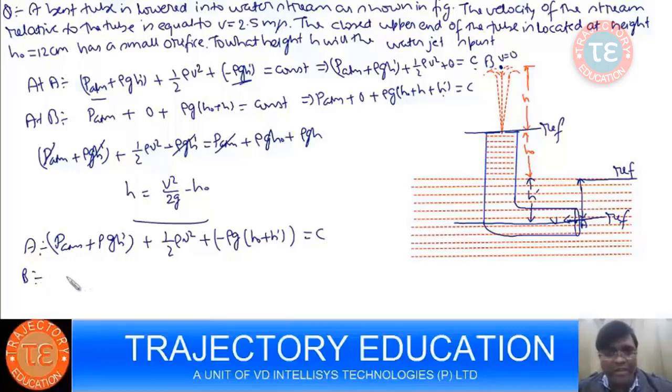And at point B you have P-ATM plus 0 plus rho g h equal to constant. So only this term is reference dependent, right? So you can choose any reference of your choice, right? So this is how you can do this problem. Let's go to the next question.